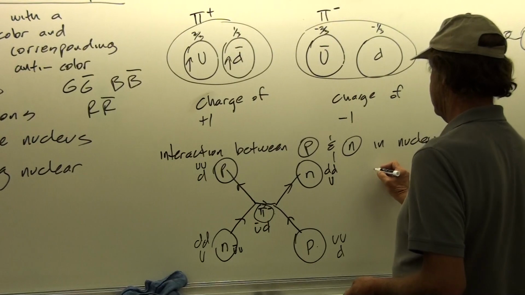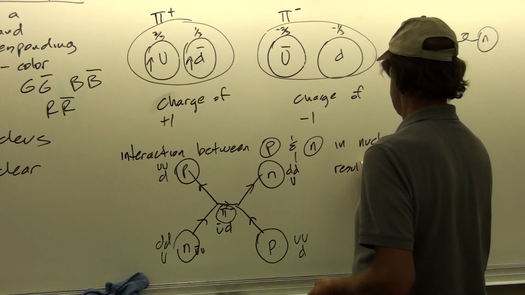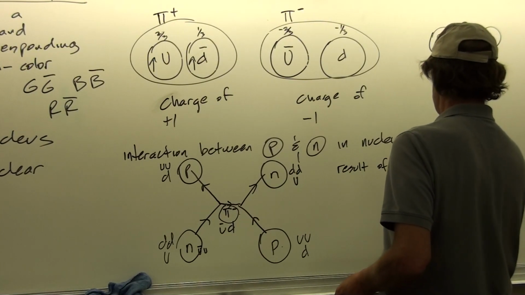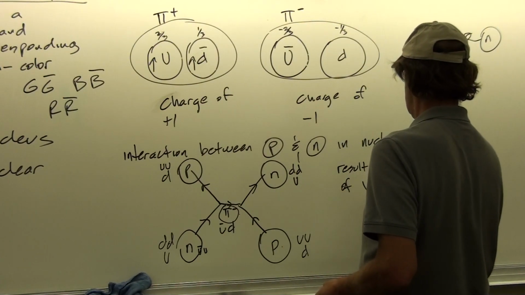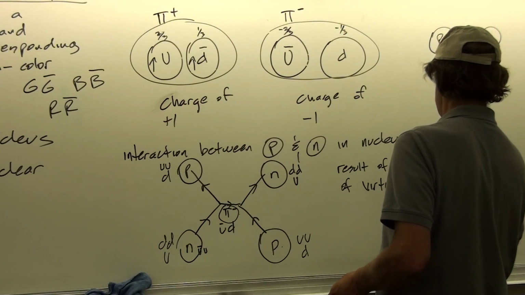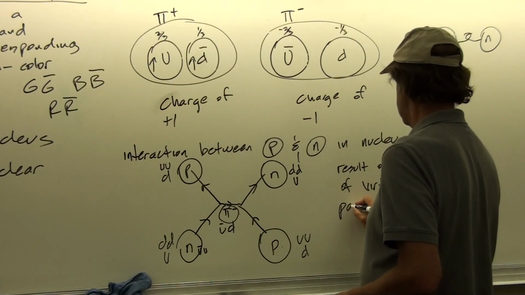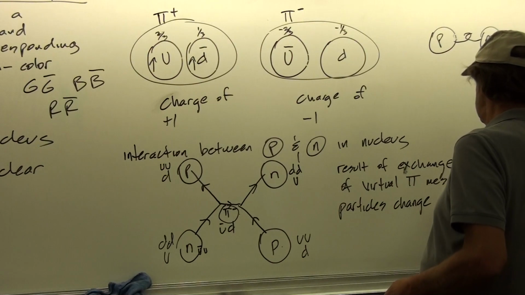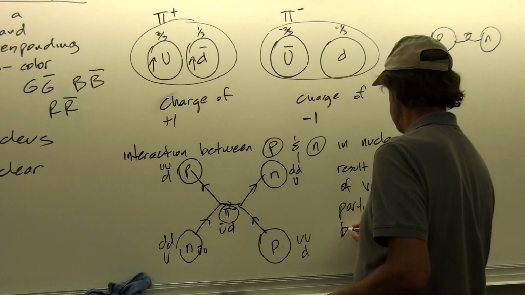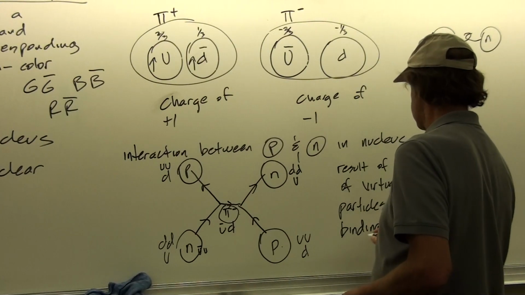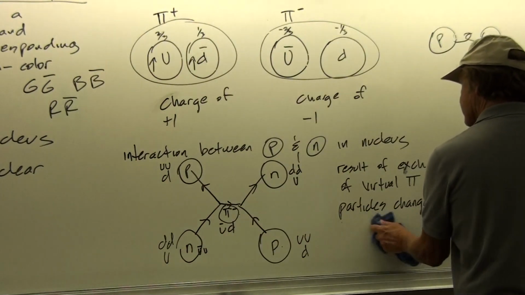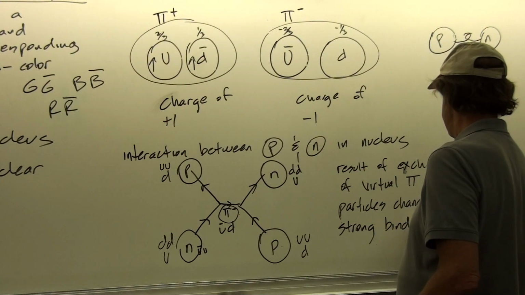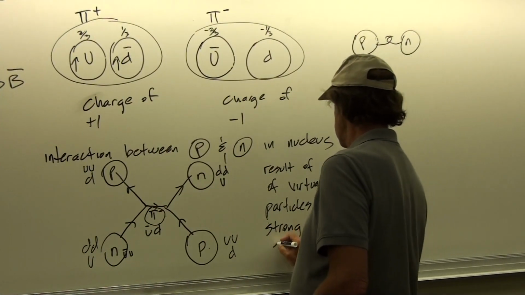Okay, so this is the result then of the exchange of the virtual pi meson: first the particles change identity, and a binding force, strong binding force I should say here, way stronger than the electrostatic repulsion, is exerted.